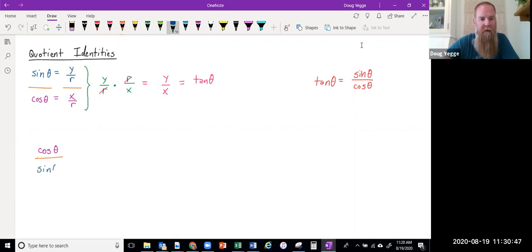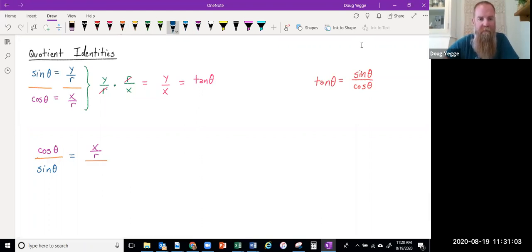Well, it would basically be the exact same thing here, which is x over r divided by y over r.